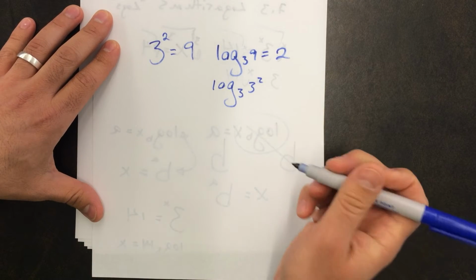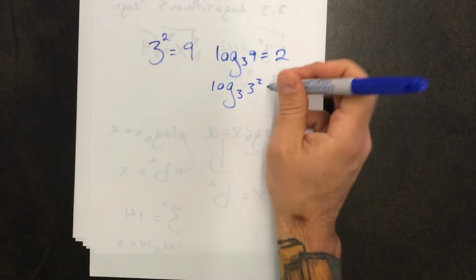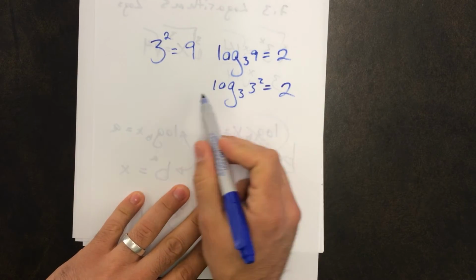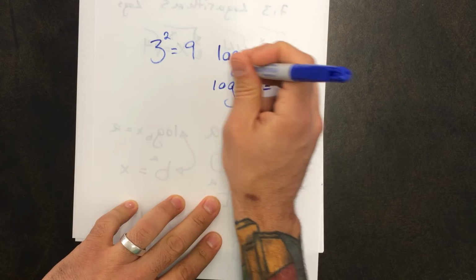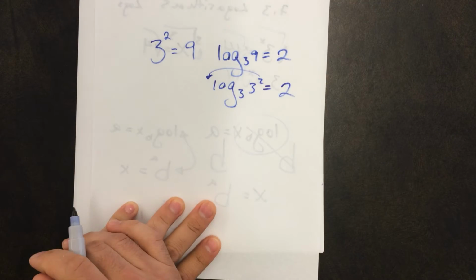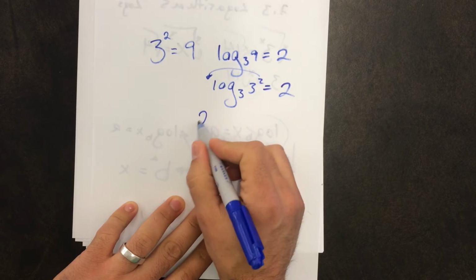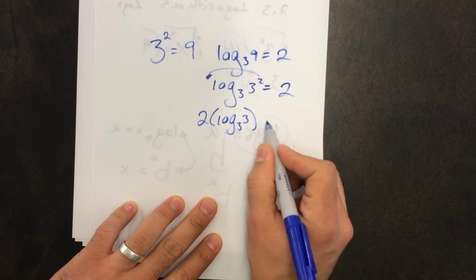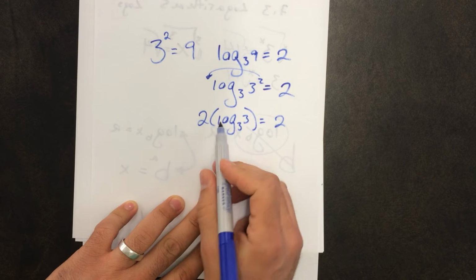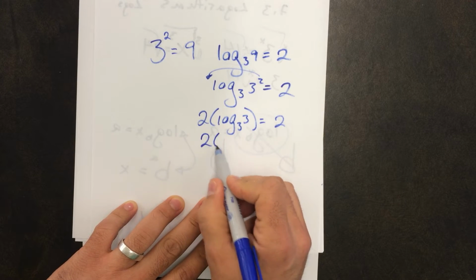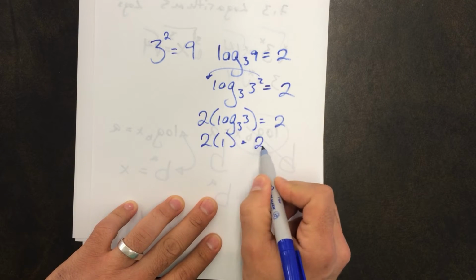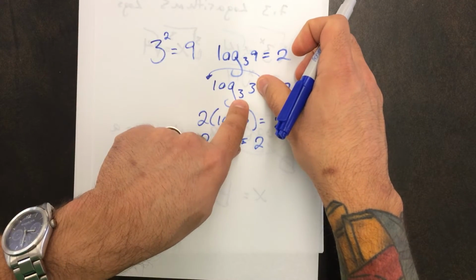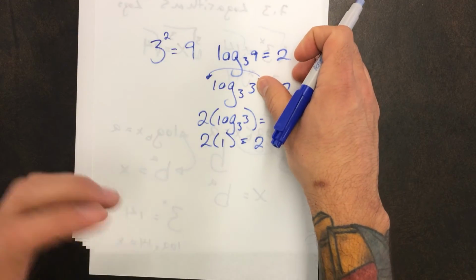In order for this to make sense, we know that this equals 2. So really, this is essentially canceling itself out, and the exponent's going to come to the front. So this exponent comes to the front, and it's 2 times the log base 3 of 3. Log base 3 of 3 is just 1. Or in other words, when you have a log with a base of the same number, that equals 1.